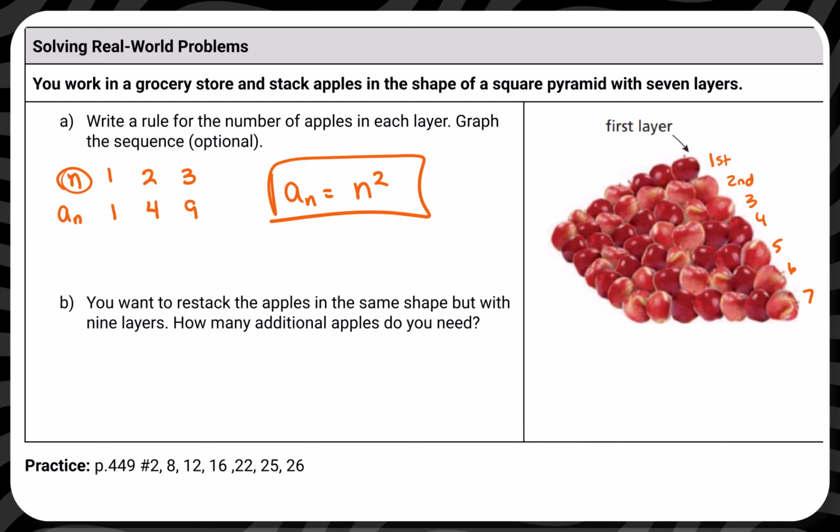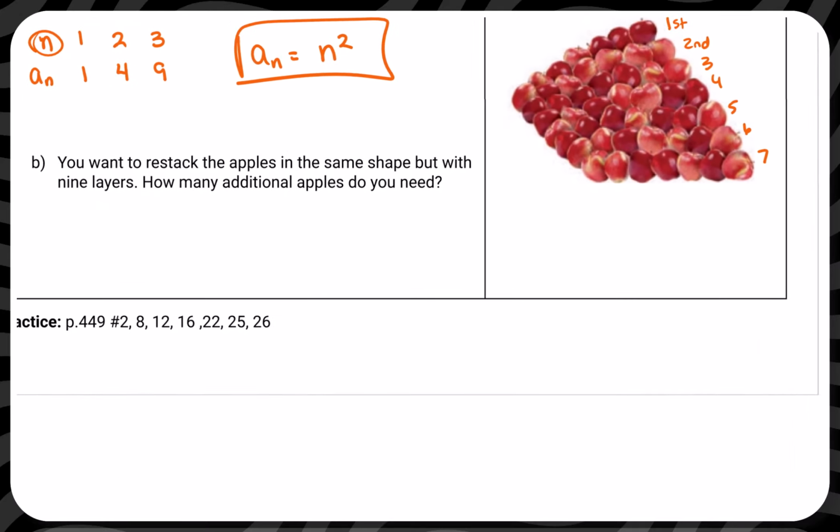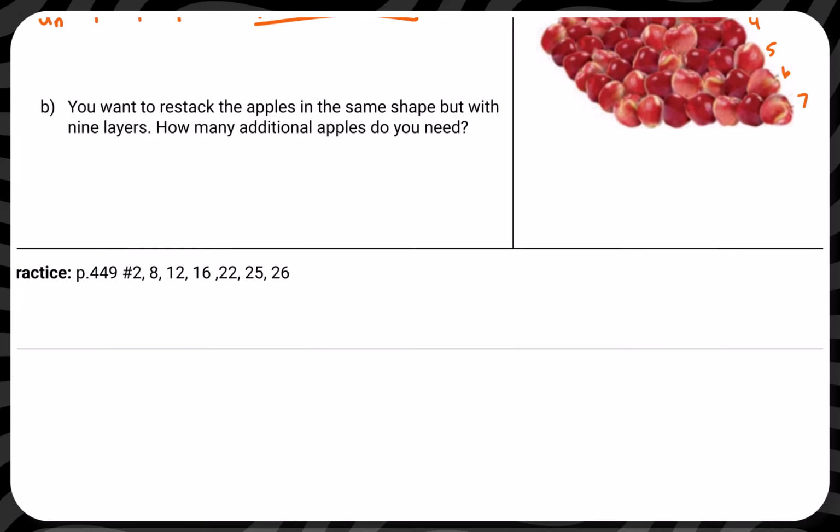The second part you need to think about: we are trying to add up to 9 layers, which means I need an additional 8th layer and a 9th layer. So I need to figure out how many apples would be in each one of those layers. It's really not too bad because we know that each layer is squared. For the 8th layer, 8 squared is 64, so that would be an additional 64 apples.